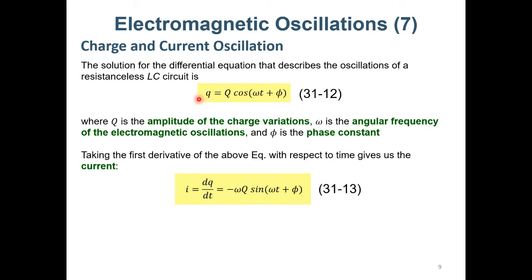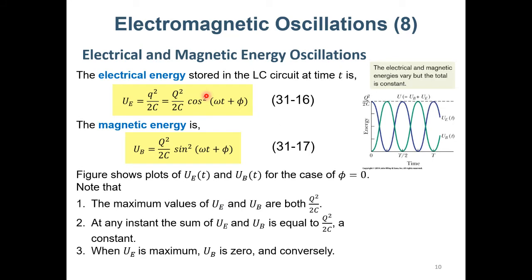And actually, the current will be just the first derivative of the charge, which is something like this. Because when you take the derivative, you use the chain rule, so you multiply by omega, and cosine will become minus sine. So the current is something like this.